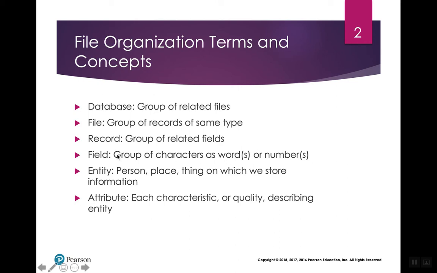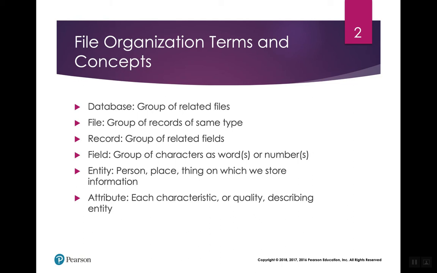So we look at the hierarchy of this. If we work our way up from the bottom, we have fields, which define a particular fact. Someone's telephone number, address, or age would be stored in a field.